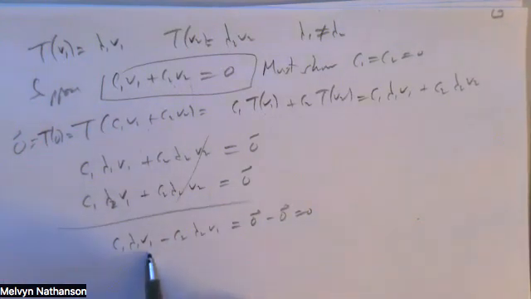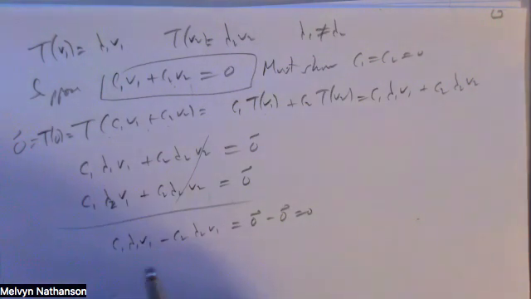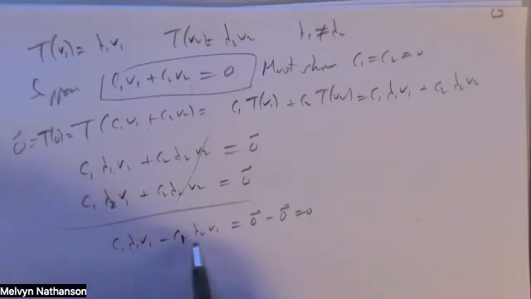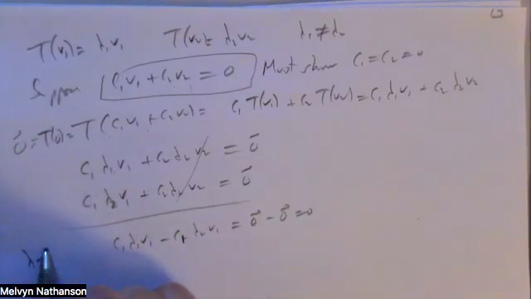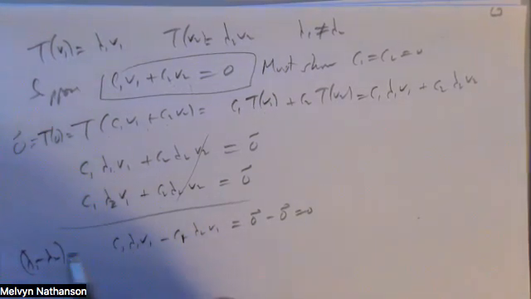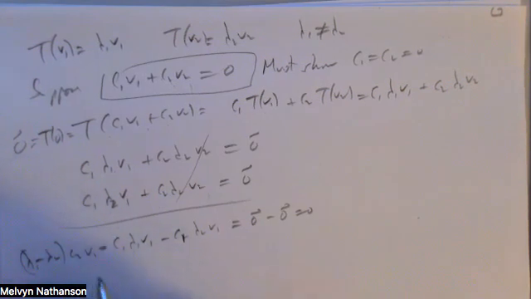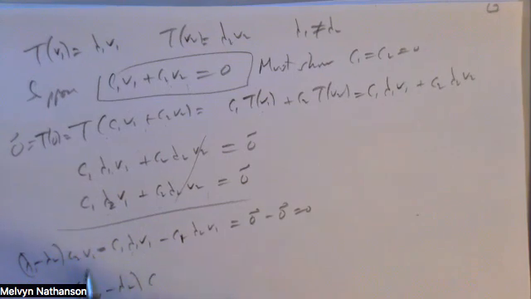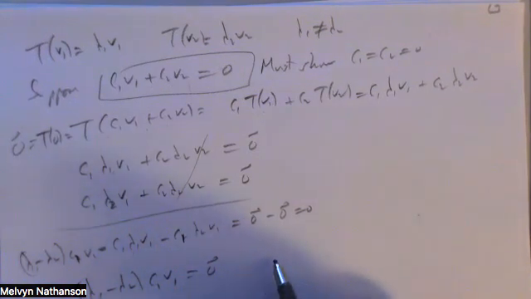But this is lambda 1 minus lambda 2 times C1 V1, which is the zero vector.